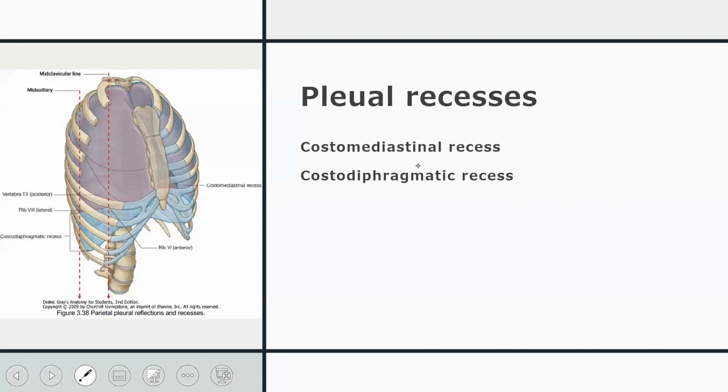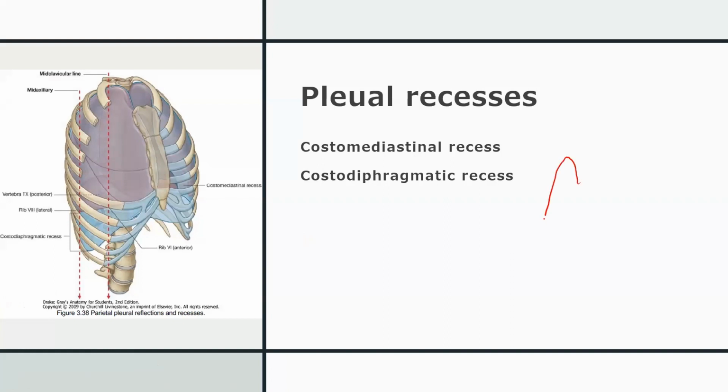Then we'll talk about the pleural recesses. There are some places where the parietal pleura is in contact with the layer of parietal pleura without lung or visceral pleura in between.